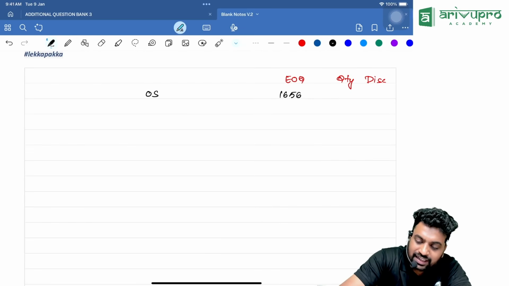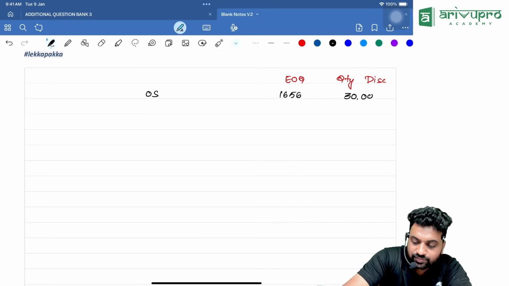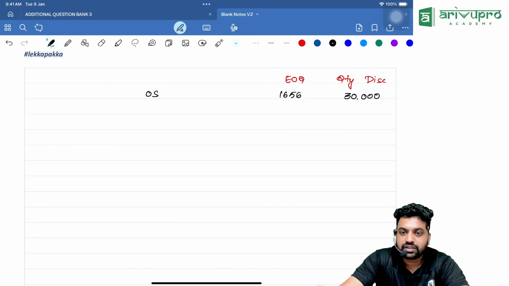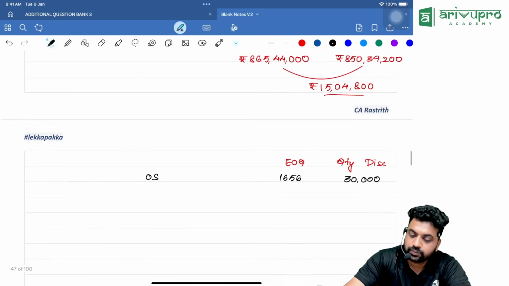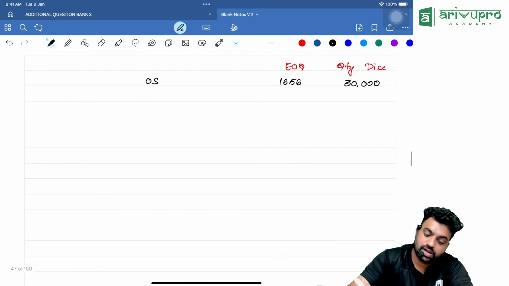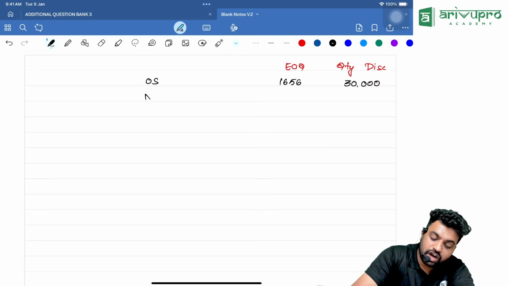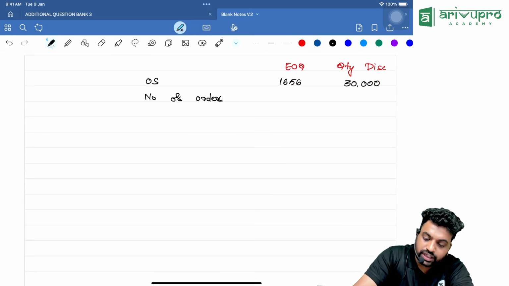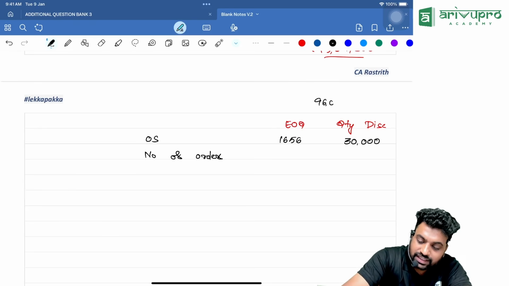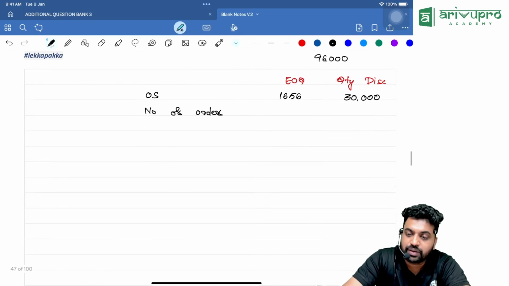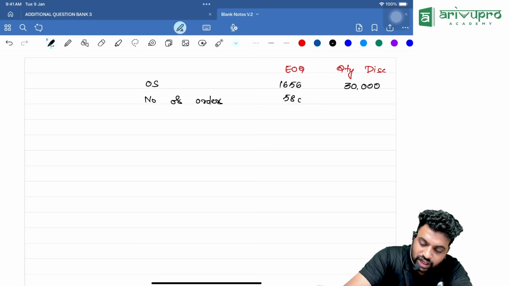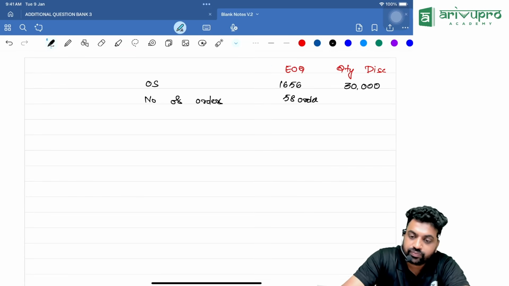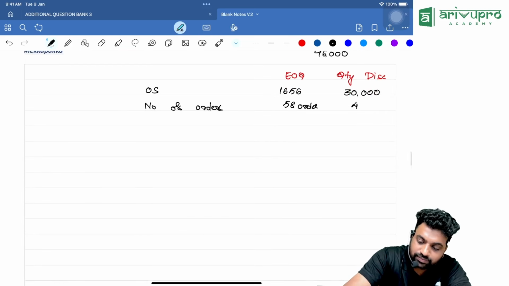In case of quantity discount, order size is 30,000. Correct? Now, number of orders. We need a total of 96,000 units, so 96,000 divided by 1,656 gives 58 orders. Next one, 4 orders.